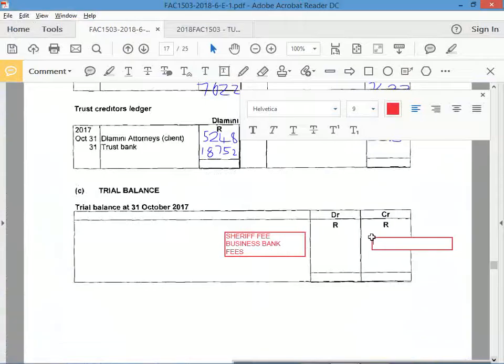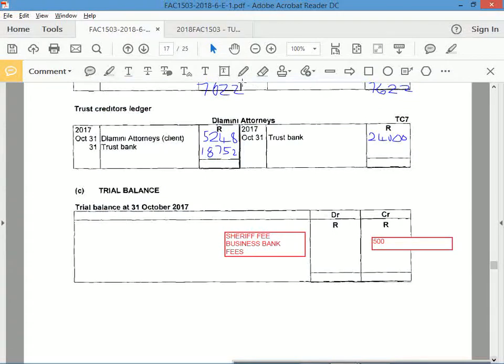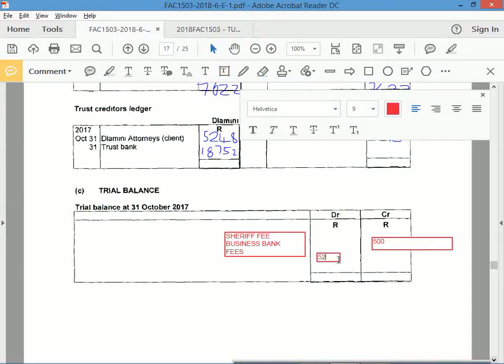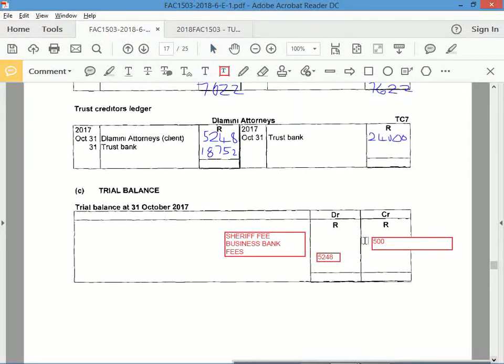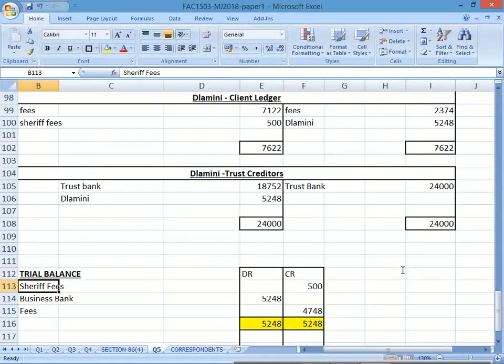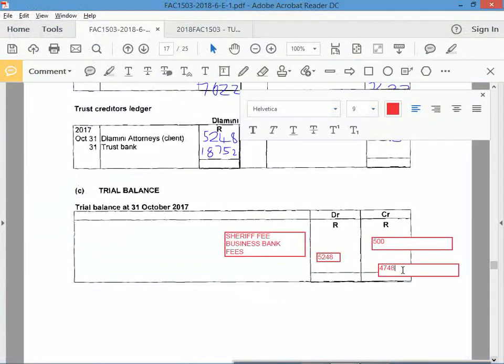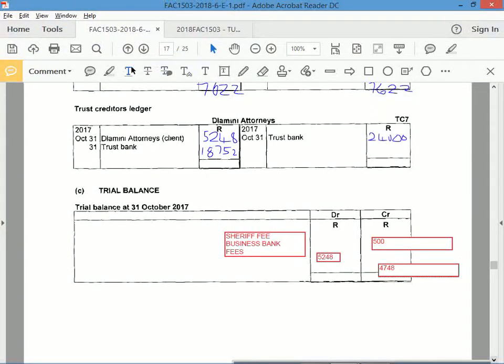Okay, what were the amounts? 500, that's the one. Yeah, let's get another one. 5248 and 4748. Okay, perfect.